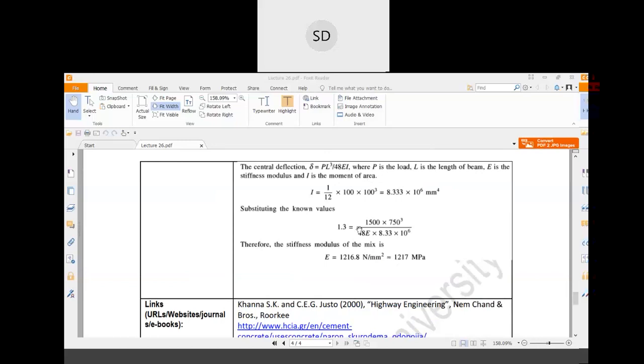And for the maximum stress and maximum strain, you will get the maximum deflection. For this reason, here maximum deflection is used to find out the stiffness modulus value. So you will put all these values over there and you will find the value of E. And basically that E is nothing but your stiffness modulus of the mix.